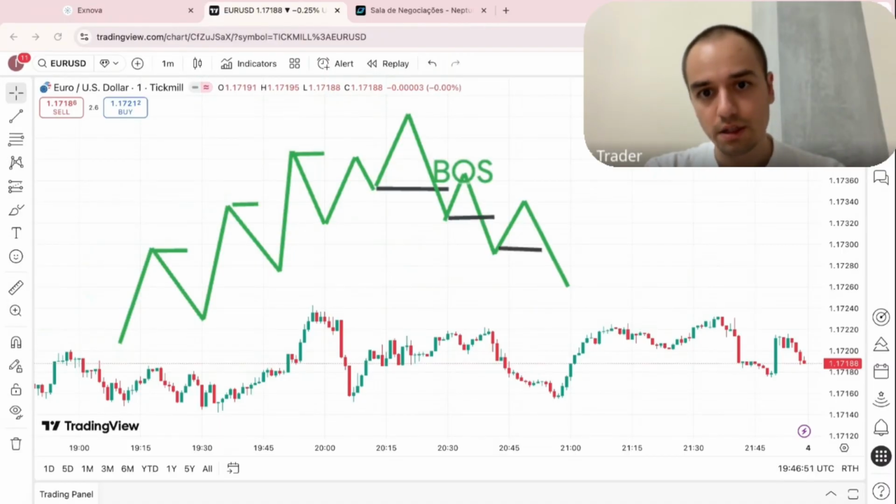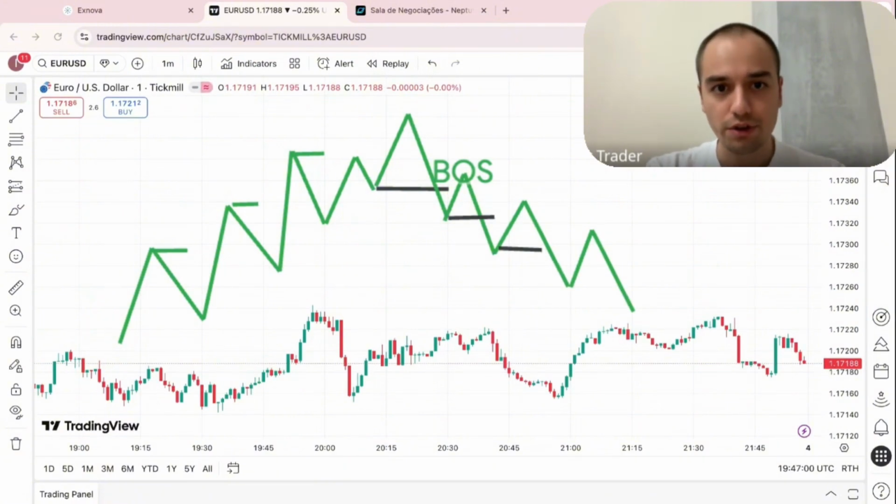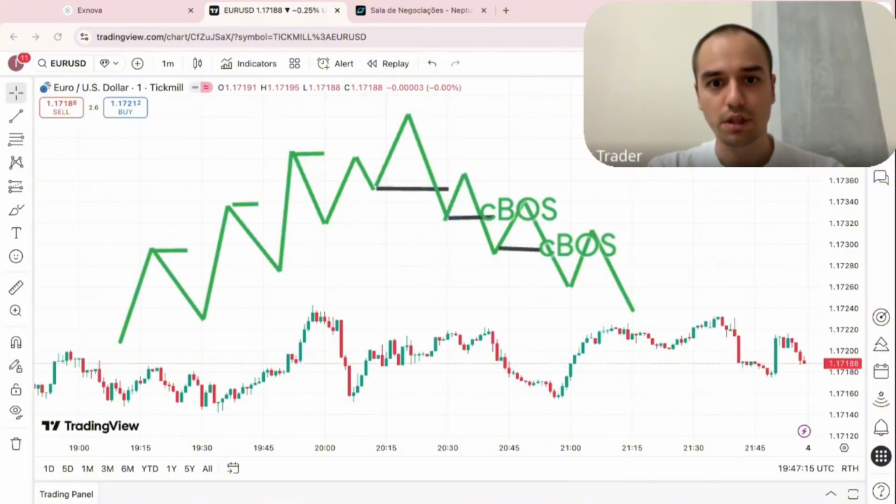Every confirmation, we are not changing the structure already, but that would be essentially cBOS. And the cBOS here as well.